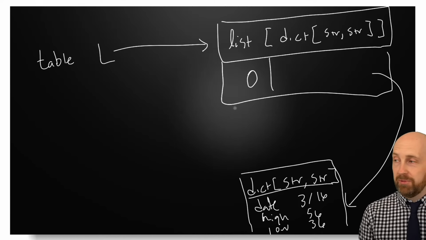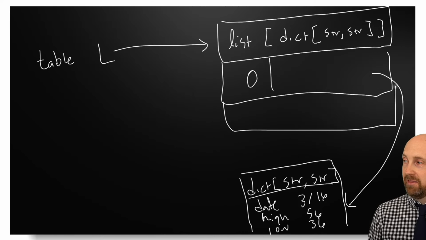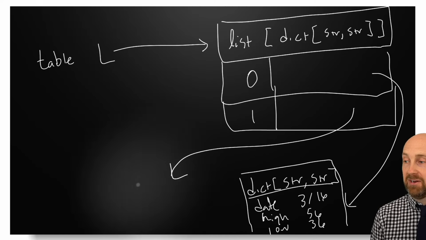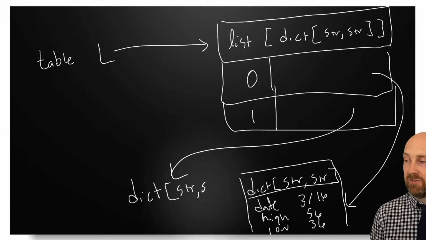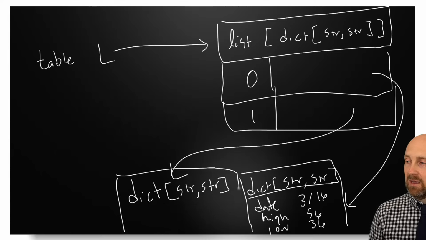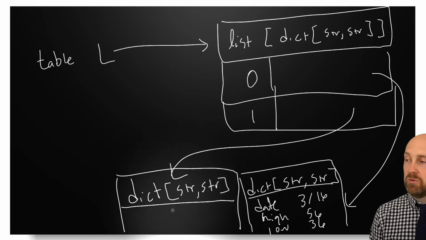The next row of data that we read in is going to insert another entry into our list, and that's going to refer to another dictionary, right? So for each row in our data set, we're going to have a dictionary. Each row gets its very own dictionary object. And there's no problem with having two different dictionaries that have the same keys, right?